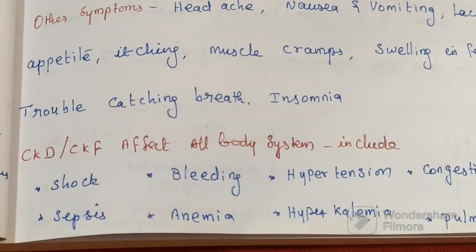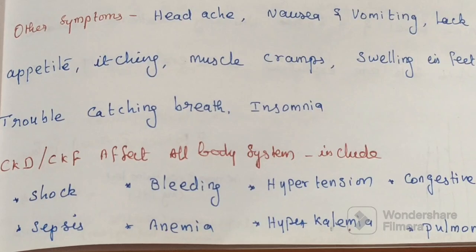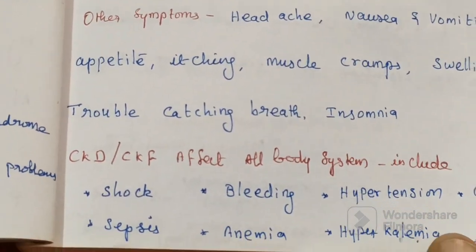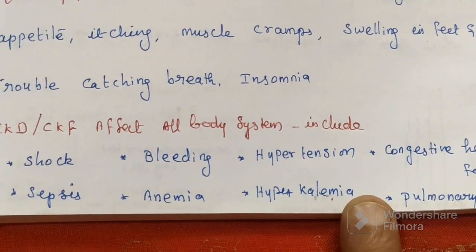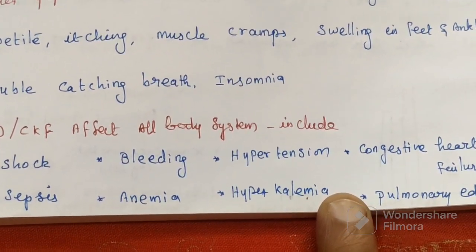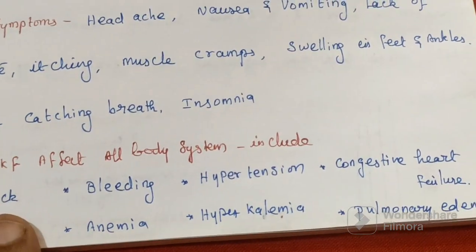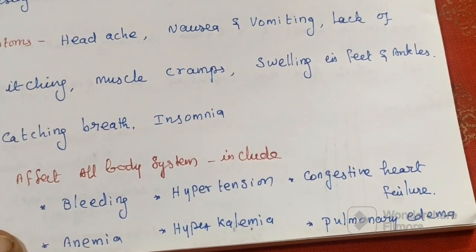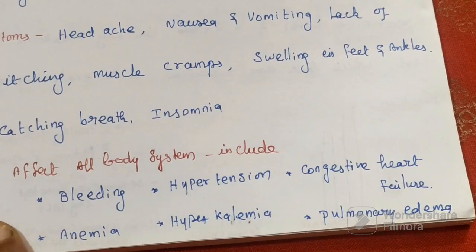Chronic kidney disease or failure affects all body systems. It causes shock, sepsis, bleeding, anemia, hypertension, hyperkalemia, congestive heart failure, and pulmonary edema.